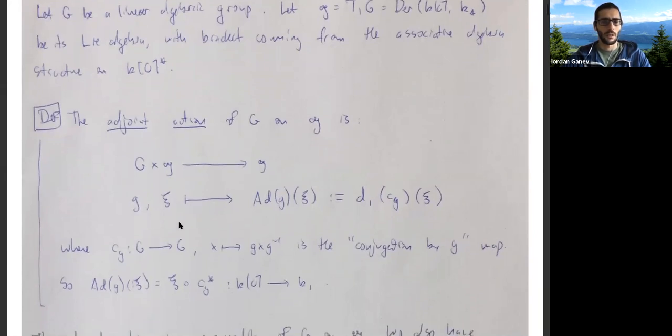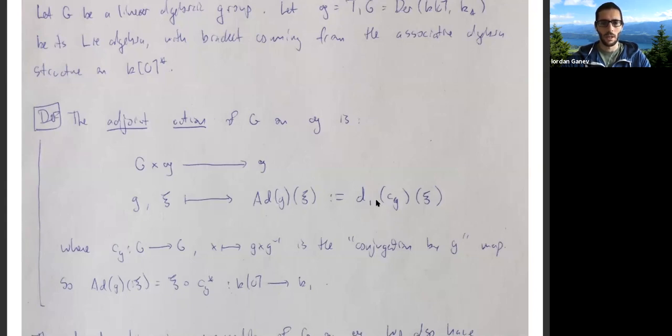So little g in the group acts on tangent vector xi in the following way. We differentiate this map C_g, which is the conjugation by g map, and we apply xi. This conjugation by g map takes the identity to the identity. And so its differential at the identity is just an endomorphism of the tangent space at the identity. And that's the endomorphism by which little g acts in the adjoint action.